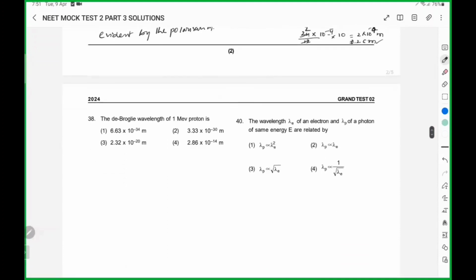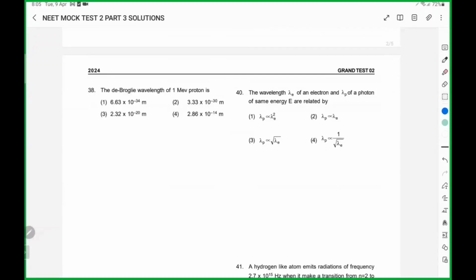So the de Broglie wavelength of a proton. De Broglie wavelength is h by p, h by momentum in terms of kinetic energy. Kinetic energy here is 1 million electron volts, 10 power 6 into 1.6 into 10 power minus 19, which is 10 power minus 13. H value is 6.6 into 10 power minus 34.